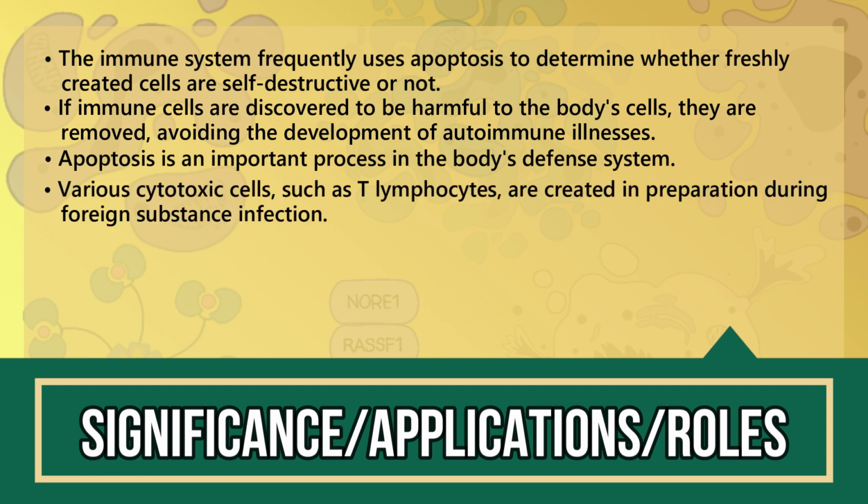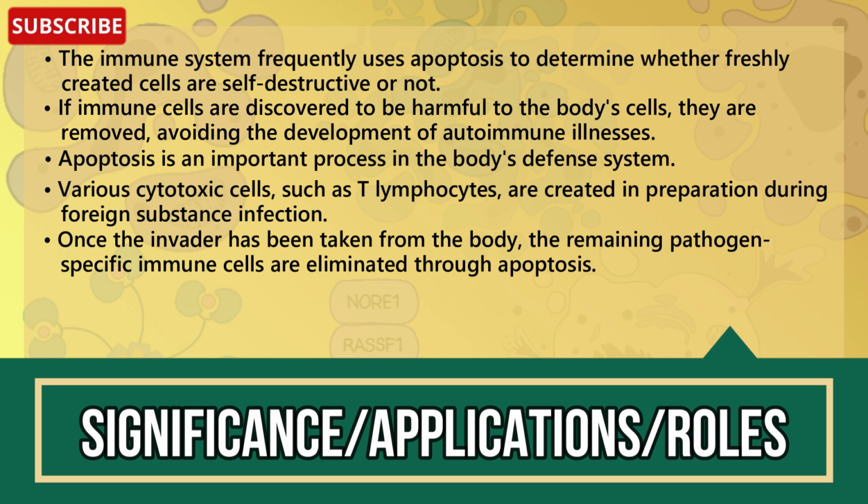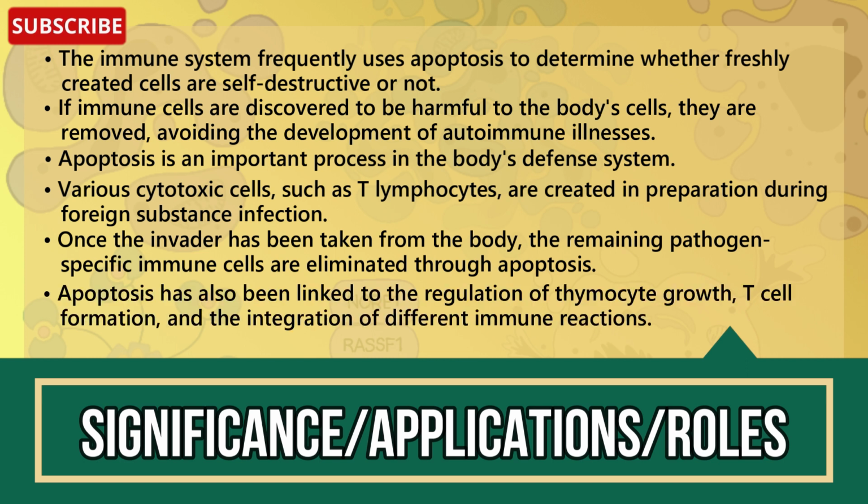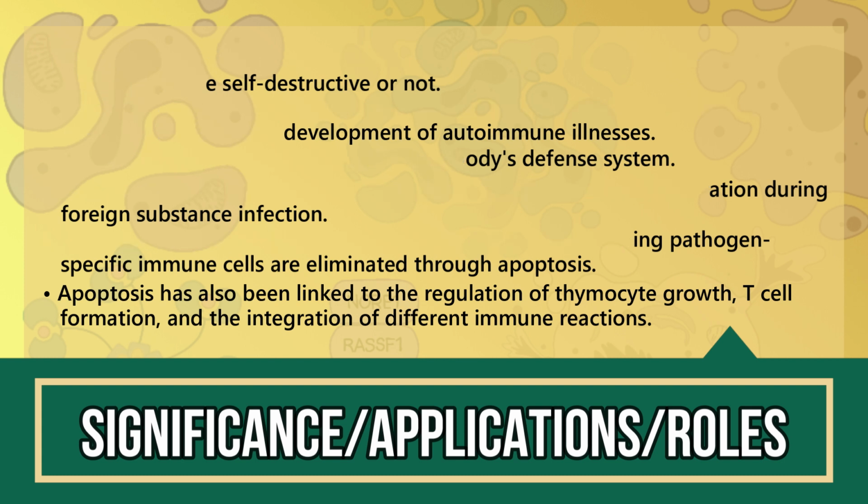Apoptosis is an important process in the body's defense system. Various cytotoxic cells such as T lymphocytes are created in preparation during foreign substance infection. Once the invader has been taken from the body, the remaining pathogen-specific immune cells are eliminated through apoptosis. Apoptosis has also been linked to the regulation of thymocyte growth, T cell formation, and the integration of different immune reactions.